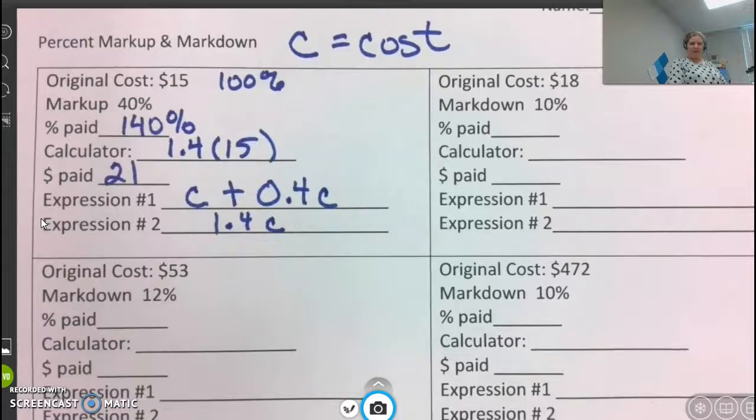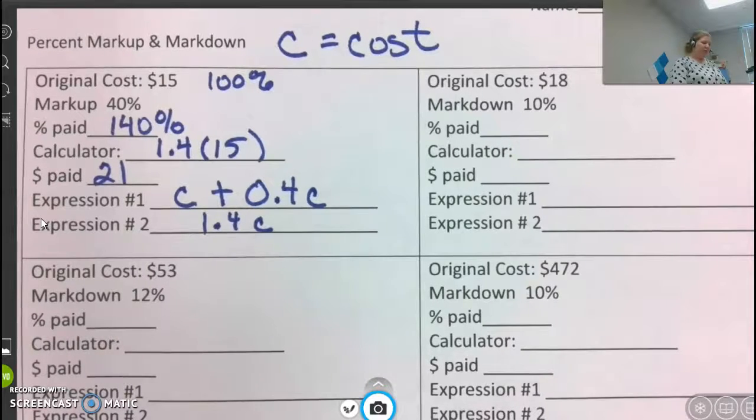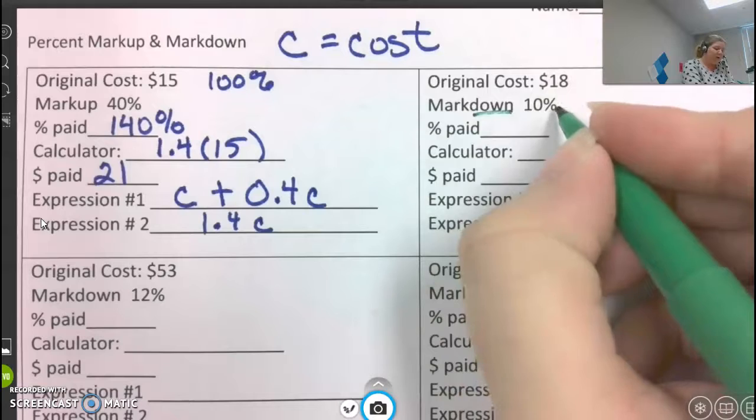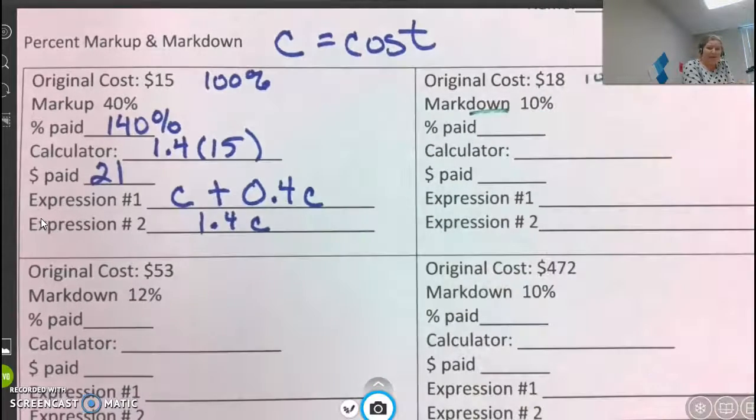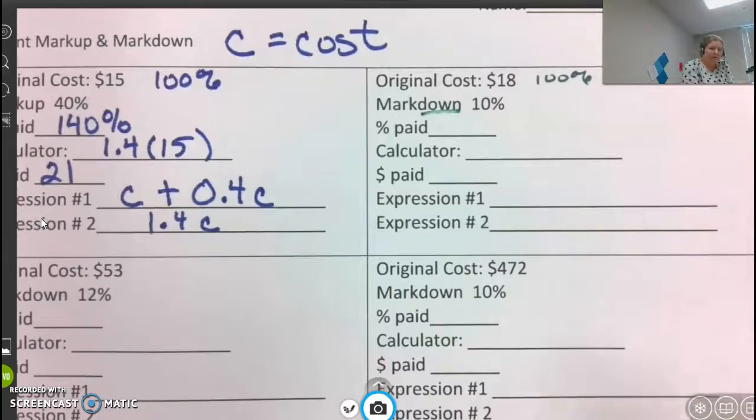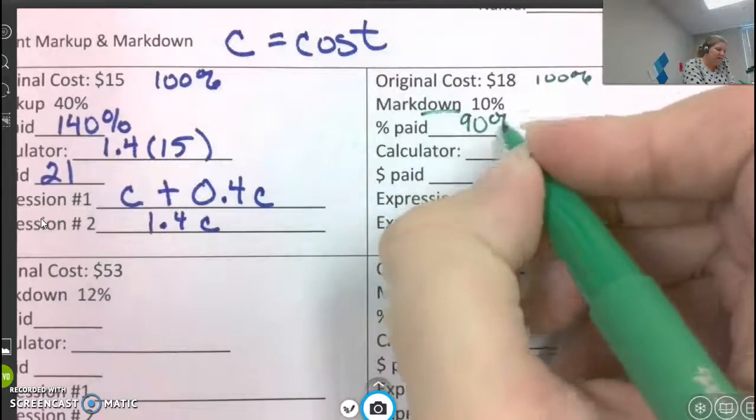Okay, next we will do original cost of $18, a markdown of 10%. So a markdown, I'm taking that away. So I'm marking down 10%. So 100% minus 10% leaves 90%.